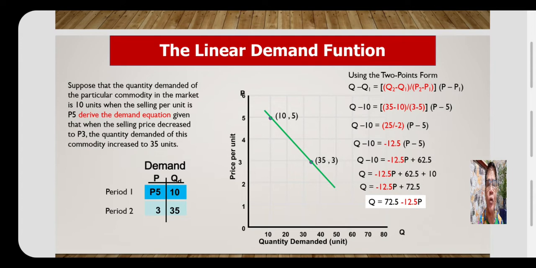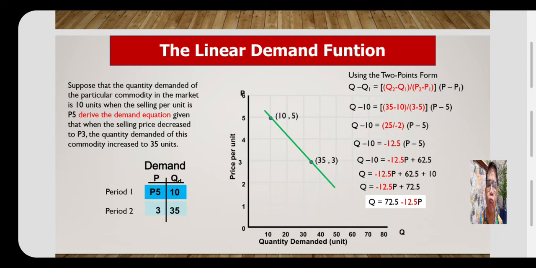Derive the demand equation given that when the selling price decreased to 3 pesos, the quantity demanded of the commodity increased to 35 units. So basically in the problem, what is given is a quantity demanded of 10 when the price is 5 pesos. So we assume this to be the first period.